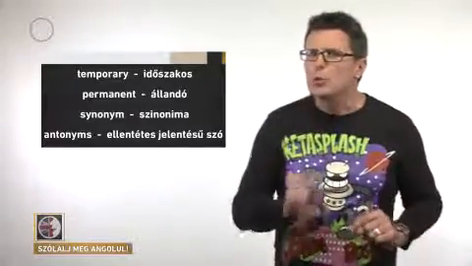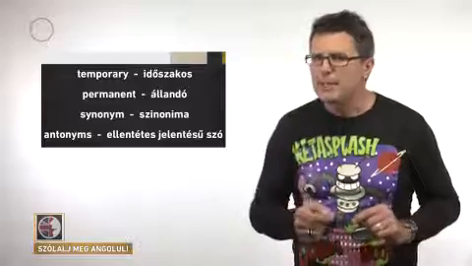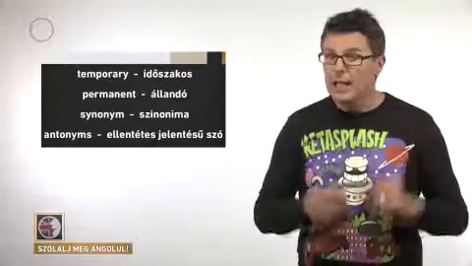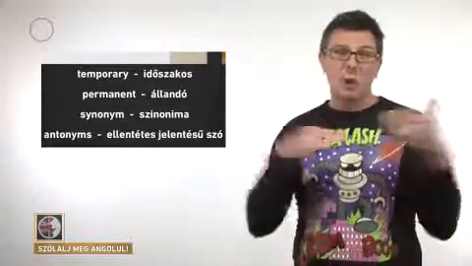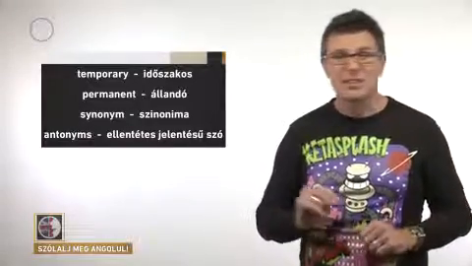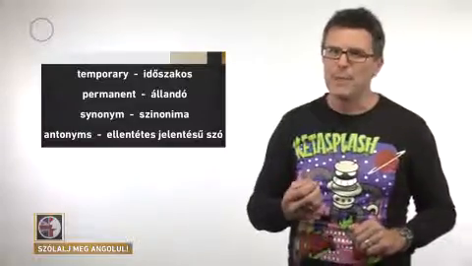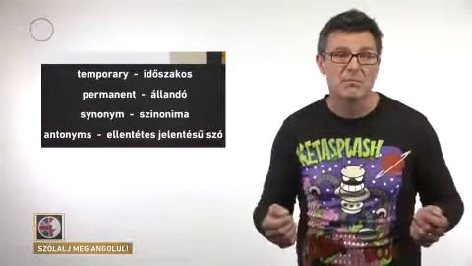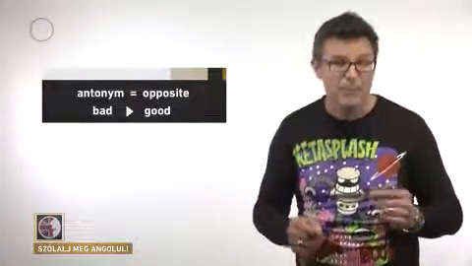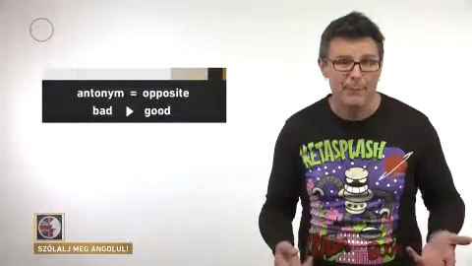Do you know those two words, temporary and permanent? They're adjectives with opposite meanings. They're not synonyms, they're antonyms. An antonym is another word for opposite. The antonym for bad, for example, is good. A synonym is the opposite of an antonym.